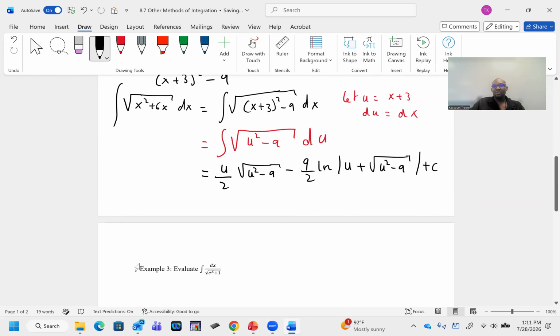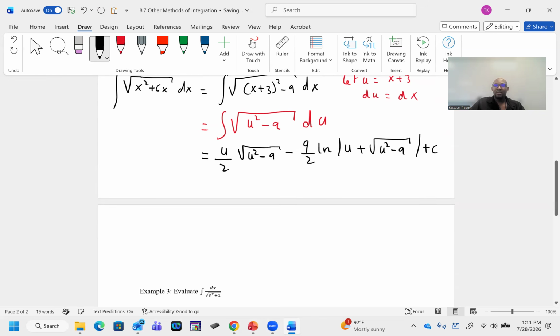And then you substitute the u back. If I substitute u back, my final answer will be, u is x plus 3.